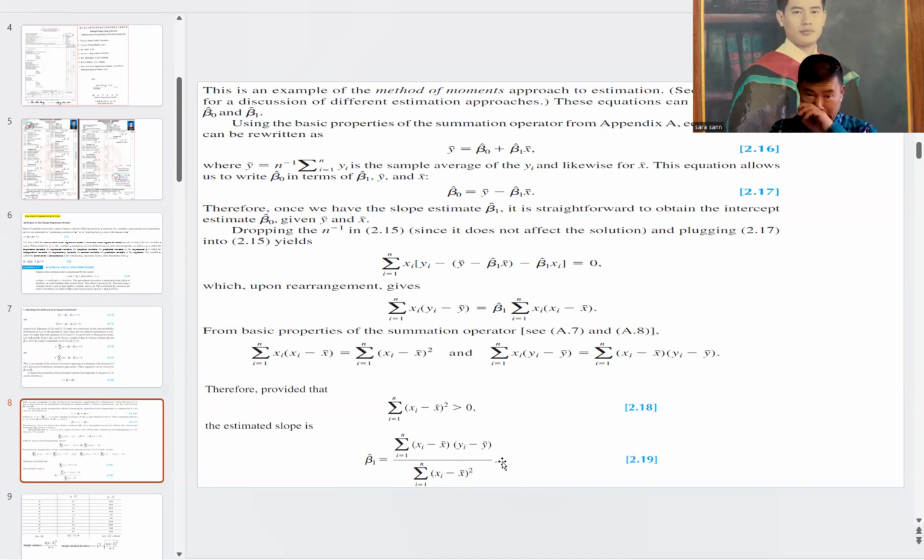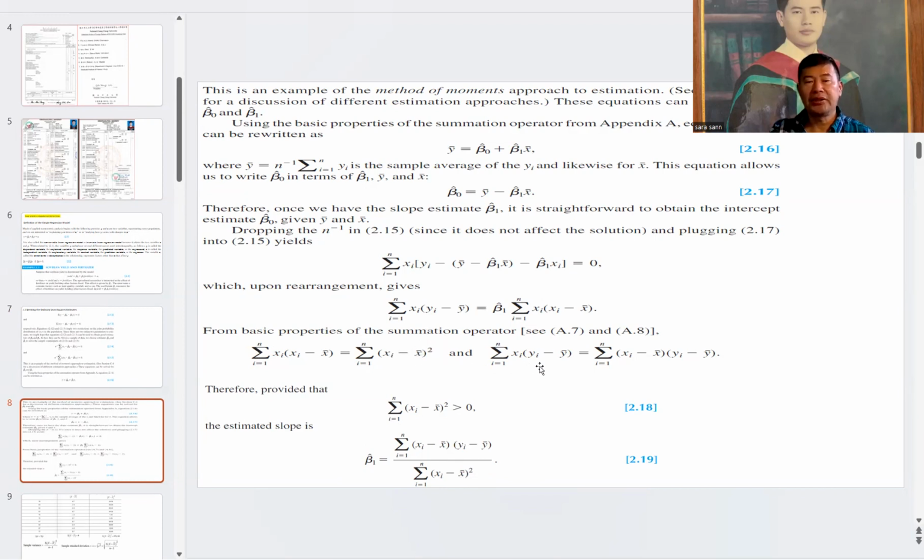Now let's go to how the author derives it, with xi minus x bar and yi minus y bar divided by xi minus x bar squared, because the summation from i equals 1 to n of xi multiplied by xi minus x bar equals the summation of xi minus x bar squared.